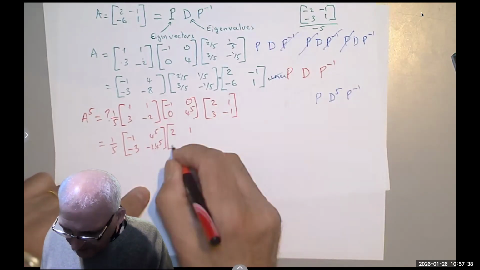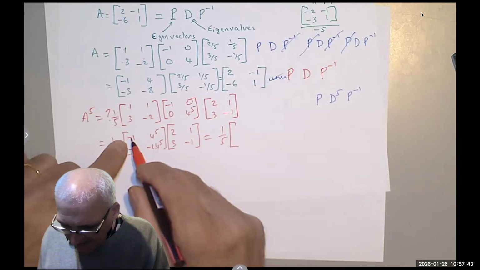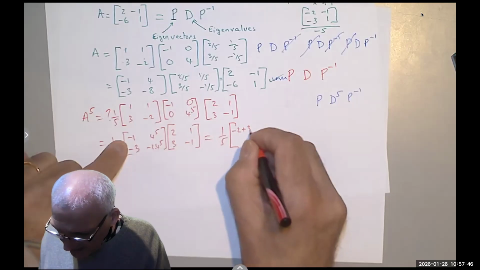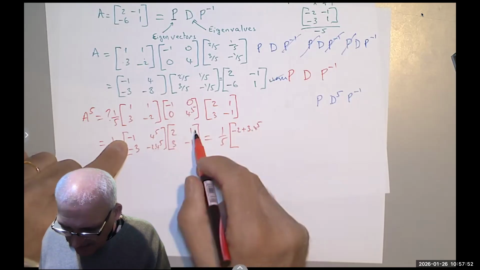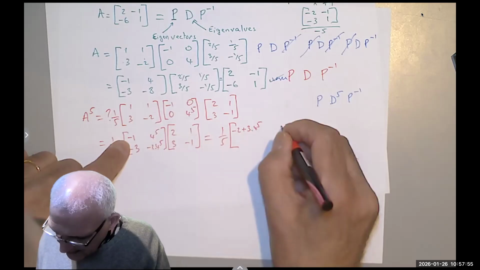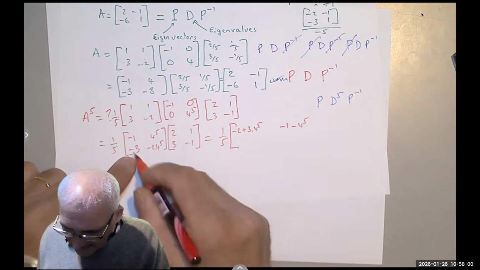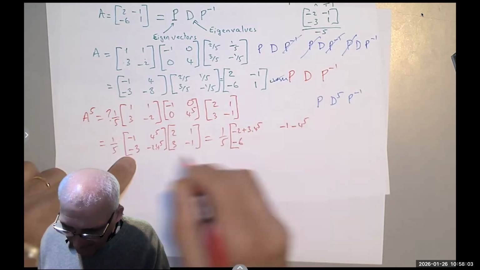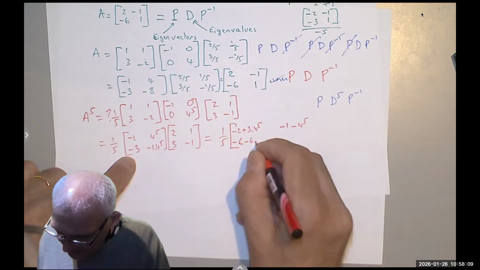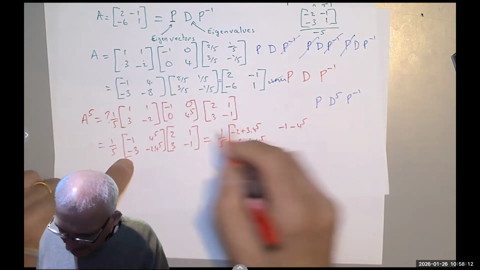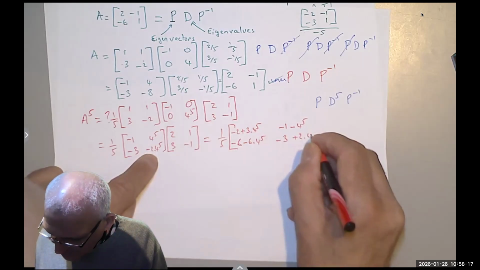Times 2, 1, 3, -1 equals 1/5 times -2 plus 3 times 4 to the 5th and -1 minus 4 to the 5th, 1 times that. Here you get -6 minus 6 times 4 to the 5th, and here you get -3 plus 2 times 4 to the 5th.